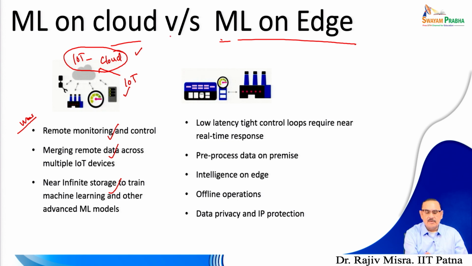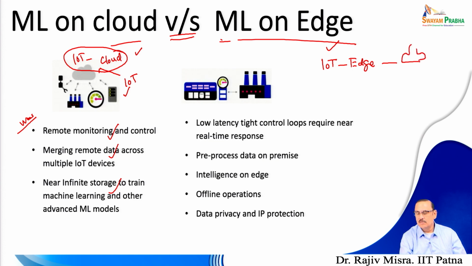Now, let us see if we can improve this with the help of edge. So, between the IoT and the cloud there exists a layer which is called an edge, and the edge will then communicate with the cloud.